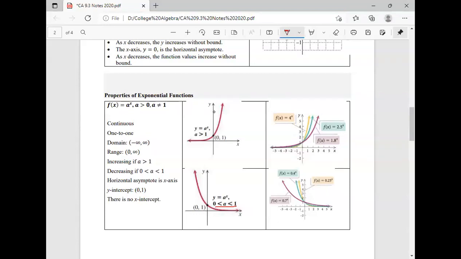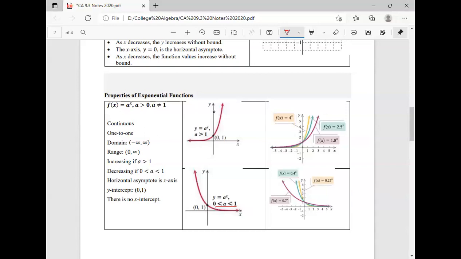So these functions are continuous. They're not going to have any holes in them. Okay, they're 1-to-1. The domain is from negative infinity to positive infinity. Our range, though, is from 0 to infinity, because remember, on both of these, they never go below the x-axis.